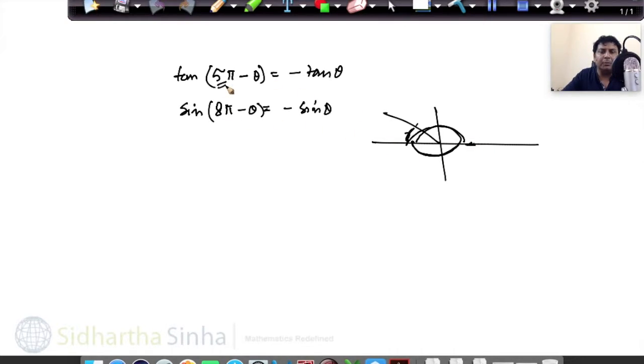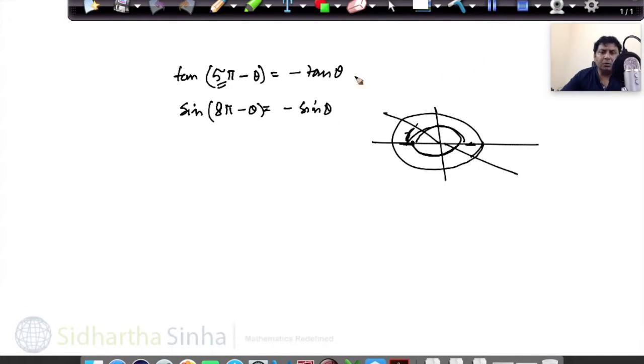Any odd number multiplied by pi, you are standing on the negative side. So 8 pi minus theta means you have completed full circles and then minus theta, so it is the fourth quadrant. Fourth quadrant means sine is negative, so you get minus sine theta.